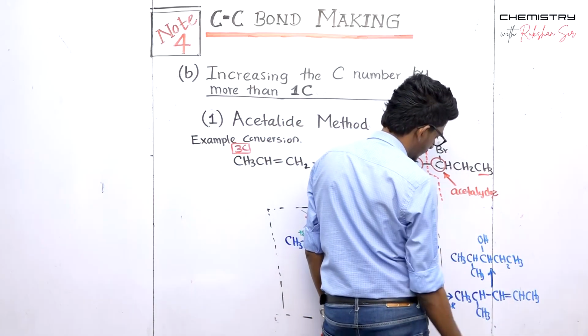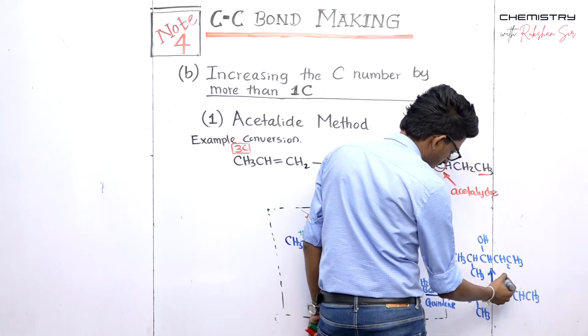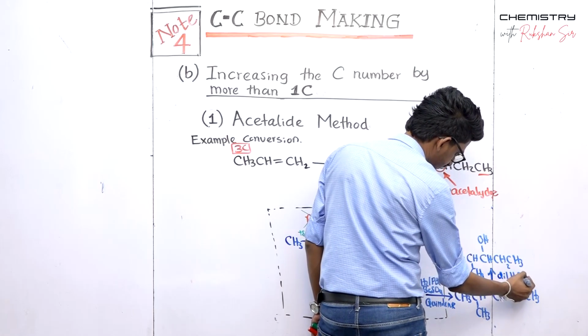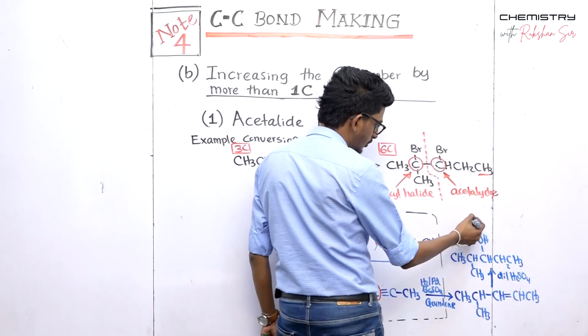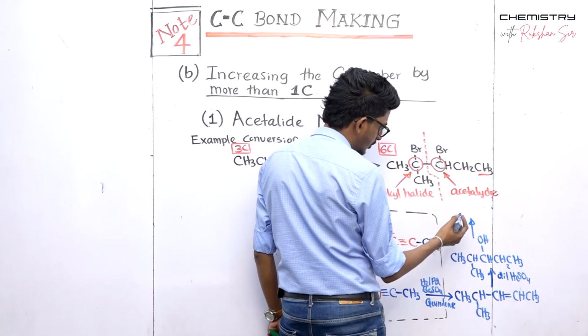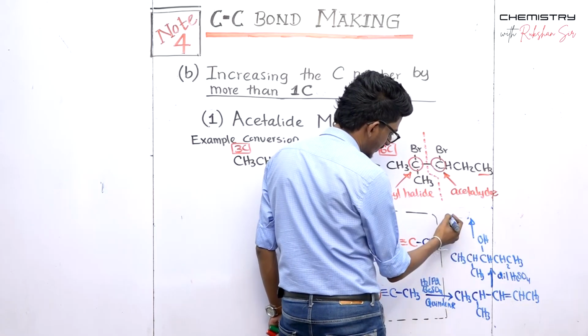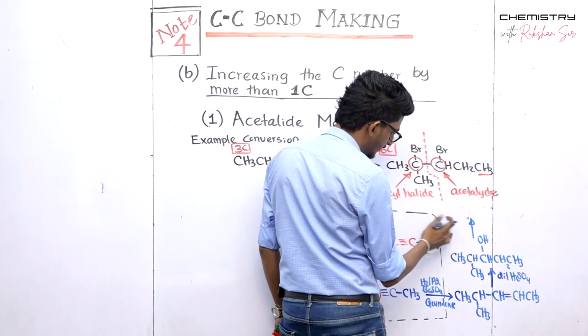Let's add some conc. H2SO4. Then if you remove that with conc. H2SO4, you will come up with a double bond at the position we need.